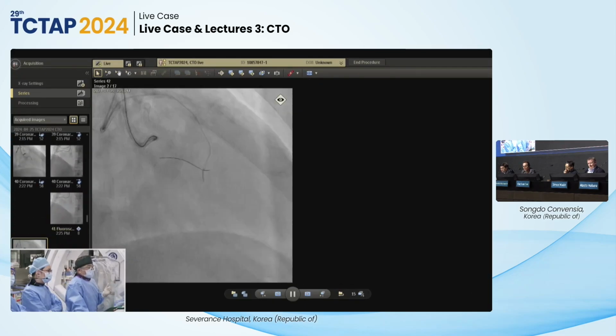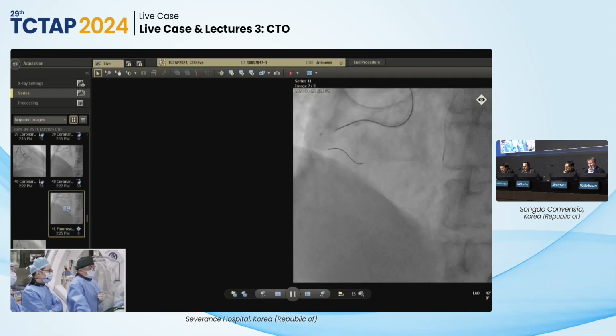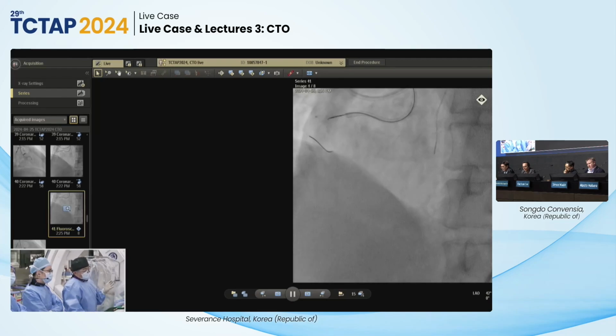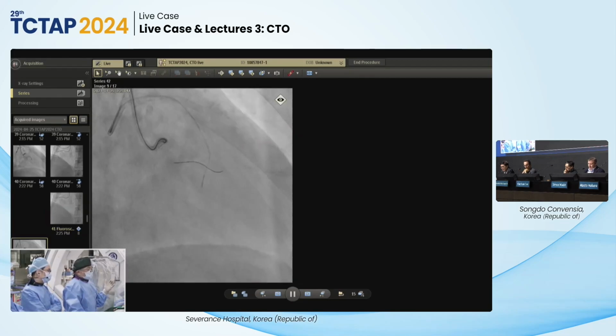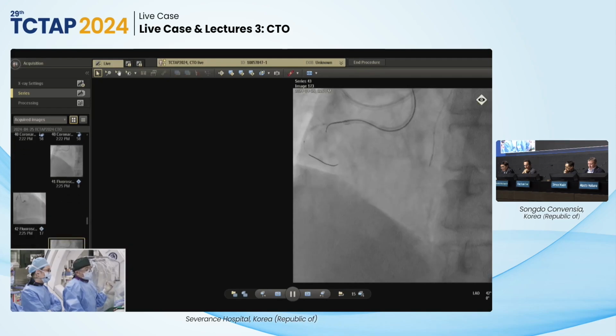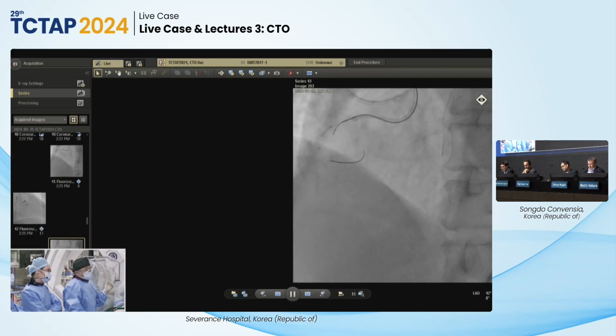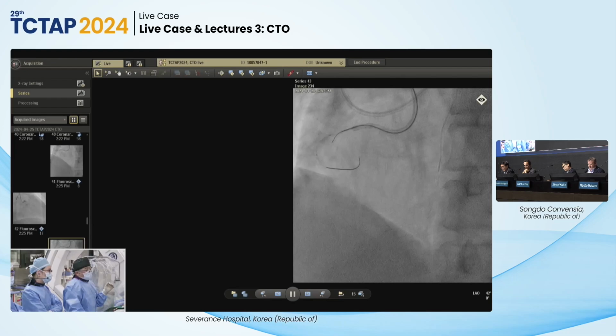Next. Okay. So after starting the antegrade puncture, I first wired the side branch, even though some stenosis was noted in the side branch. However, the wire moved easily, and then we used balloon anchoring with a 2.0, and started the antegrade puncture.